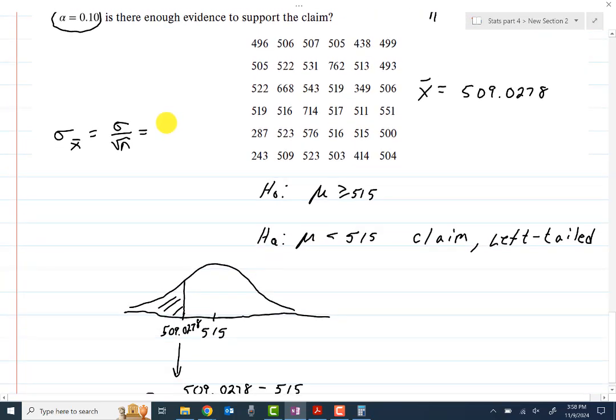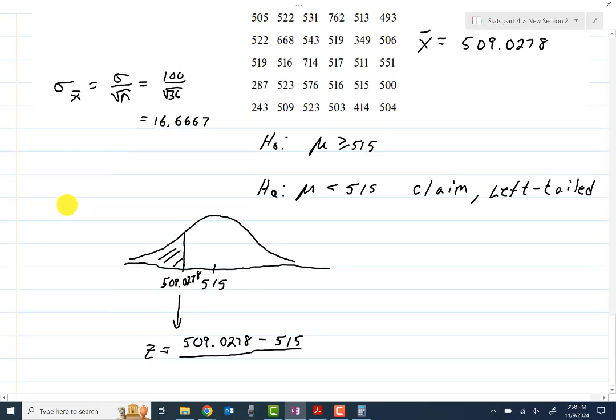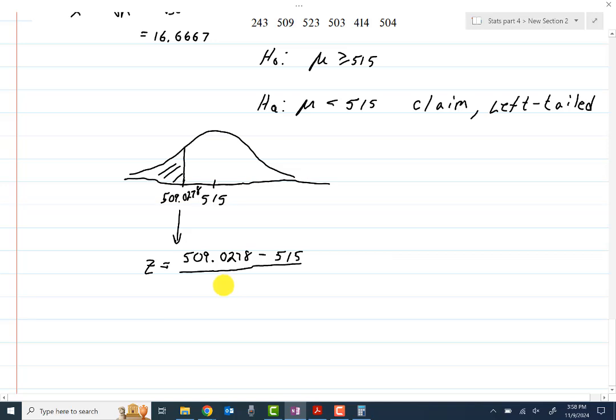So we'll have 100 over the square root of 36. And that ended up being 16.6667 to 4 decimal places. To 2 decimal places, we get negative 0.36.